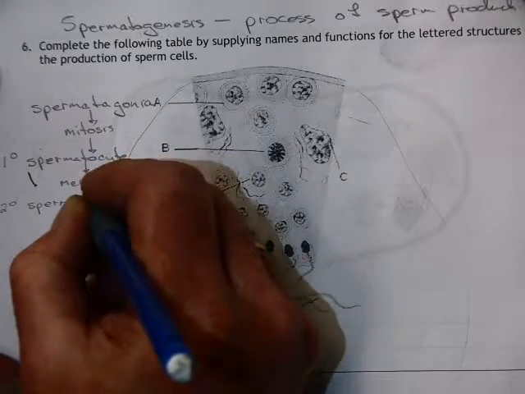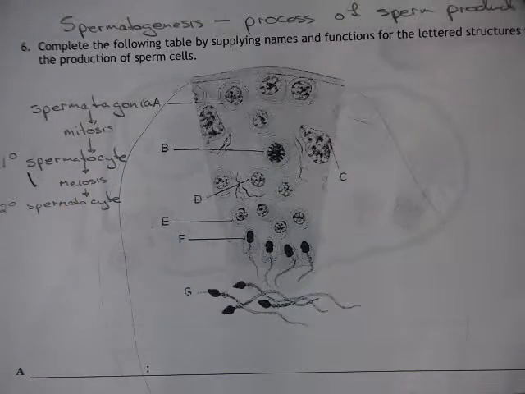Remember we said in Bio 11 that meiosis is we take one 2N cell, and you make 4 N cells out of it.